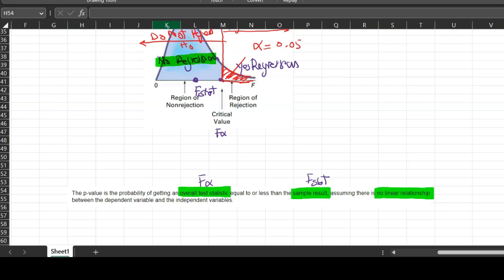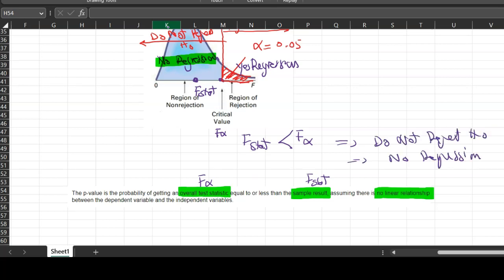So what we are looking for is F alpha greater than F stat. This implies do not reject, and this implies no regression. No regression means no linear relationship. That's what we are looking for. Getting an overall F alpha equal or less is absolutely not what we are looking for, so it might be a different one, right? Let's go back. It should be greater.